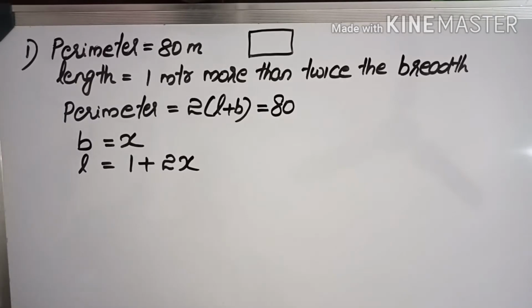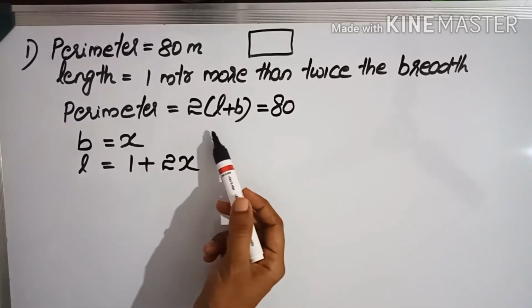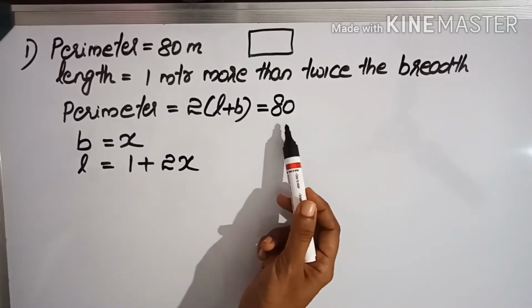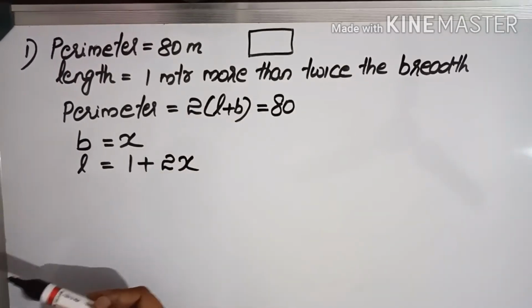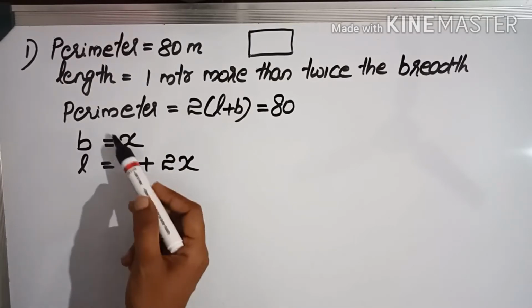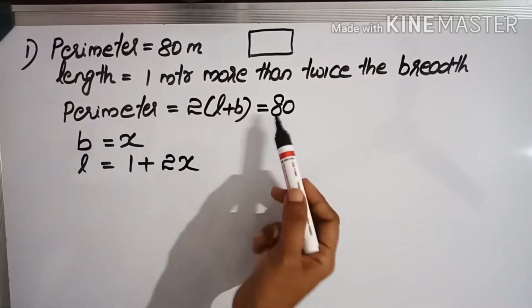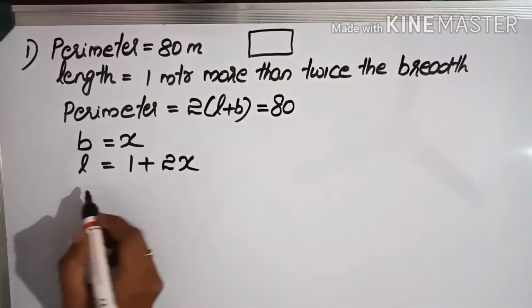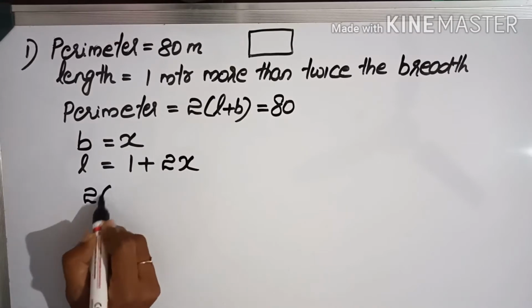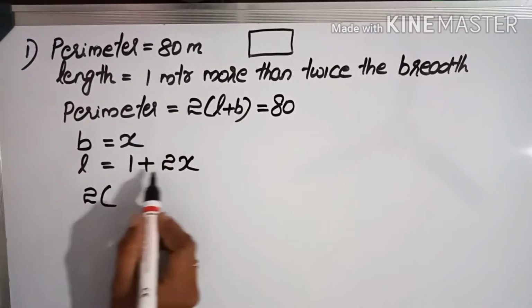Now we have to apply these two values in this equation. That means 2 into (length plus breadth) equals 80. Perimeter equals 80 meters is given. So here 2 into (length). Length is 1 plus 2x.